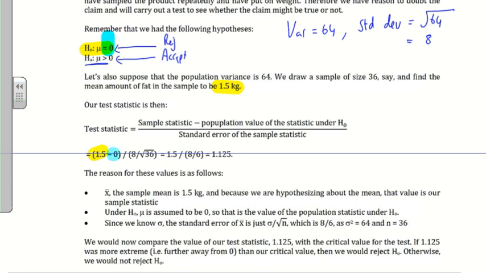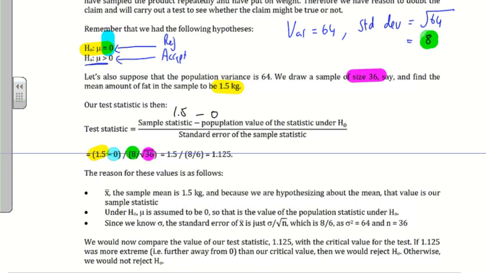So my numerator, guys, is going to be 1.5, which is what I said, less 0, over what we call the standard error of the sample statistic. And how do I calculate that? It's always going to be my standard deviation, which we know now is 8, everyone comfortable, divided by the root of the sample size of 36.